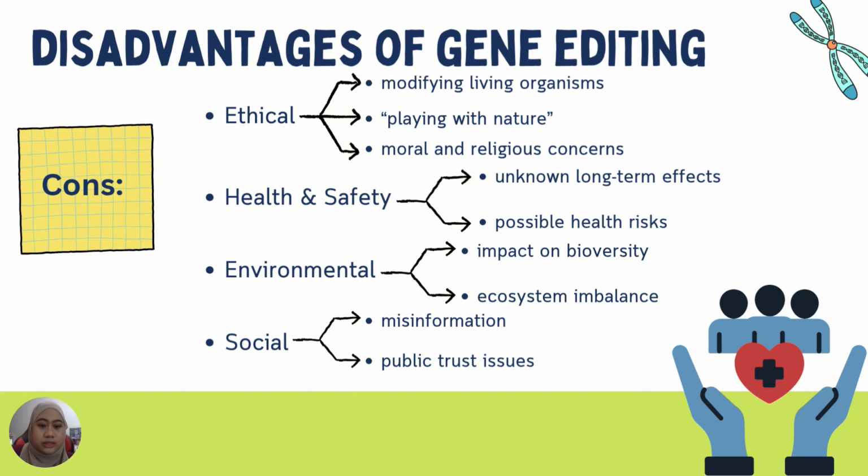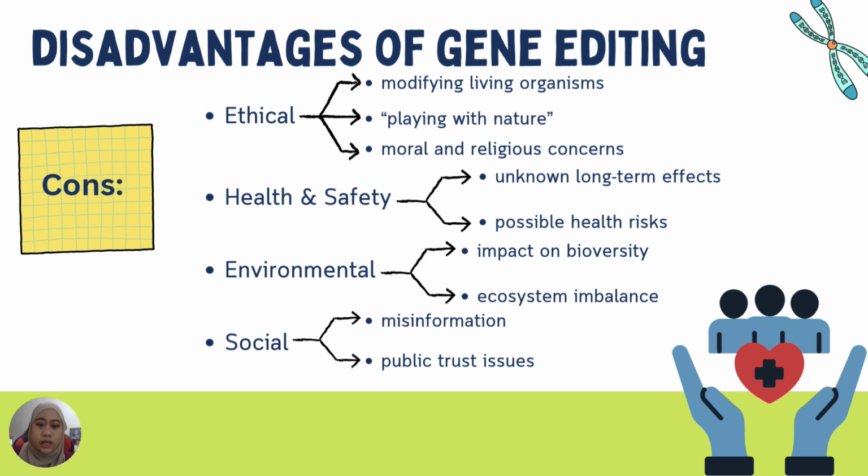Environmentally, it will impact biodiversity and cause ecosystem imbalance. When gene editing happens, especially in livestock in agriculture, where the genes of the livestock have been modified, we don't know the long-term effect on these kinds of species, and if it will be inherited and passed to the generations, we don't know the long-term effect, and possible health risks may occur.